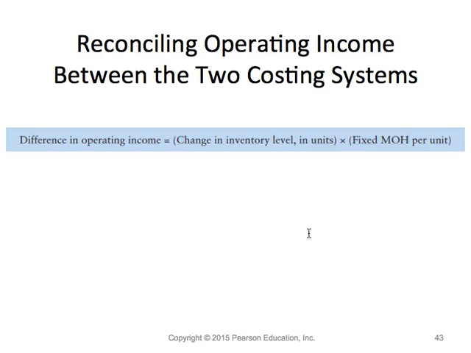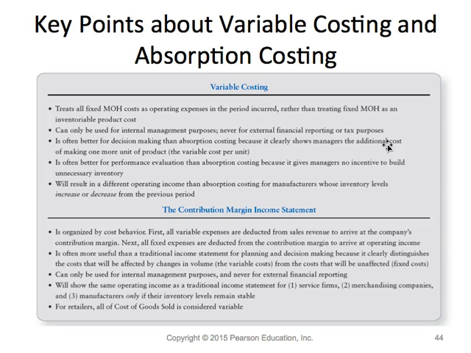Reconciliation is trying to compare the values on one side to the other. Here, the difference in operating income equals the change in inventory level in units times fixed manufacturing overhead per unit.